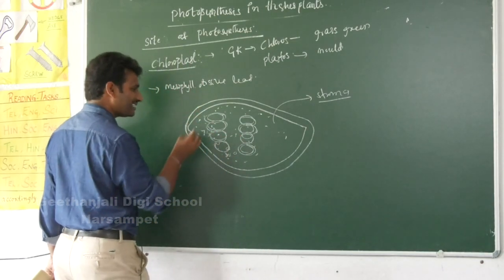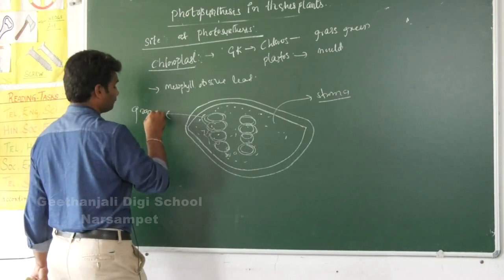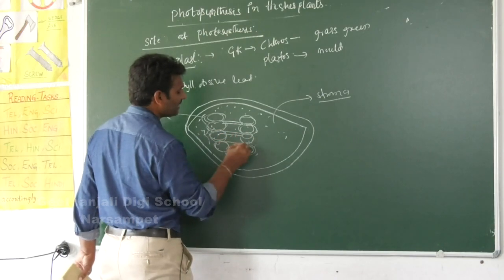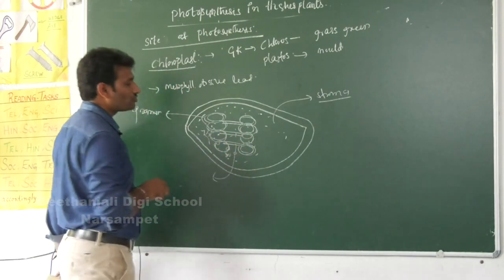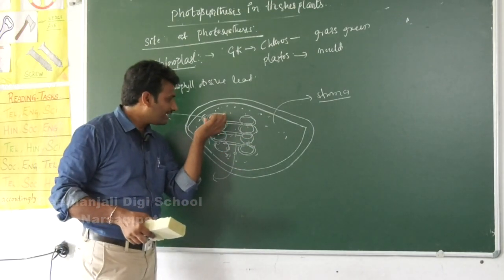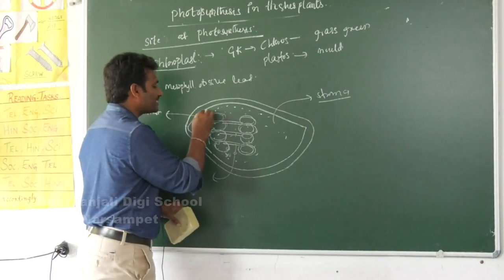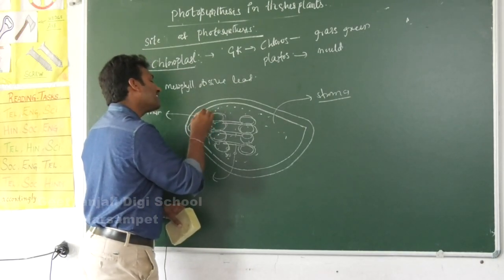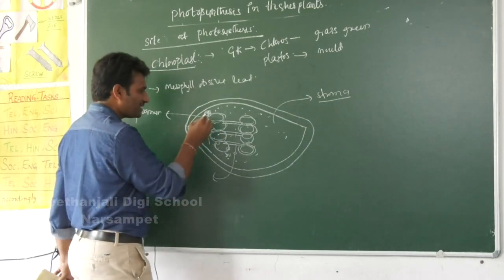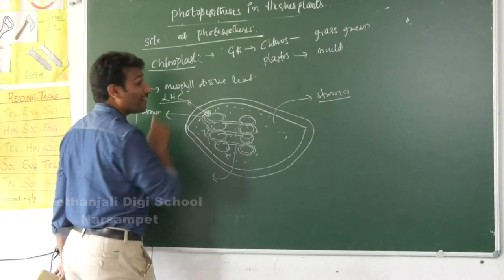This total is considered a granum, and these grana are interconnected by vessel-like structures known as stroma thylakoids. In the grana thylakoid some pigments are present, containing chlorophyll and other accessory pigments which form the LHC, light harvesting complex.